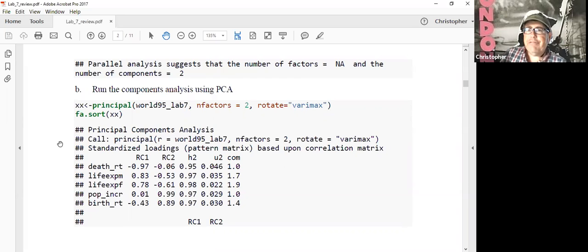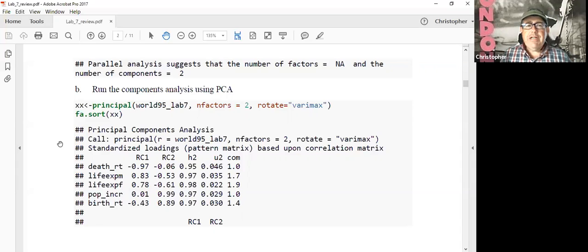There are a lot of approaches that people will argue about. Generally, they will mostly do the same thing. I think in the psych package, they default to what's called min-res, or a minimum residual approach. You can really justify just about any of these approaches. There's not going to be substantial differences. And if there are substantial differences, it probably means that you don't have a clear factor structure.